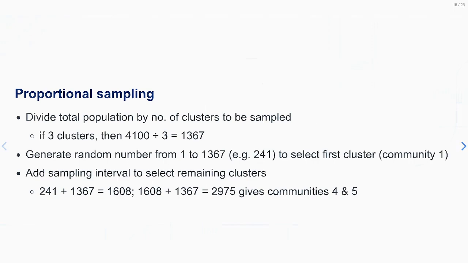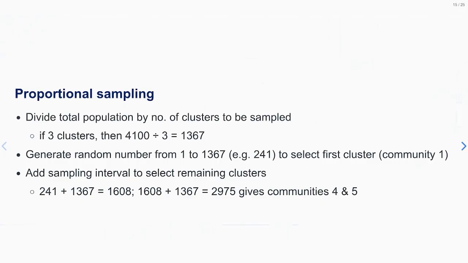We divide by the 3 clusters, the number of clusters we're going to survey, 3. And so that gives us a figure of 1,367. And so the next step is to generate a random number from 1 to 1,367. And so, for example, our random number generated is 241.